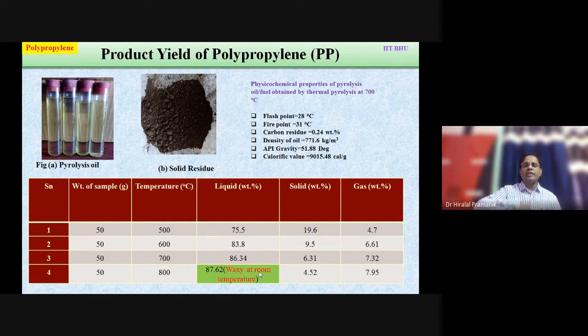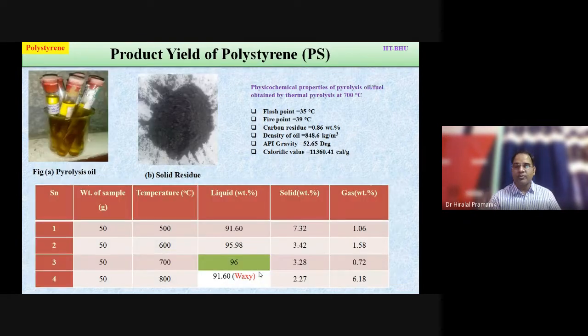But at very high temperature they immediately escape from the reactor. That's why the larger molecular weight hydrocarbons remain in the liquid, and we get a waxy product. So 700 is the optimum temperature.